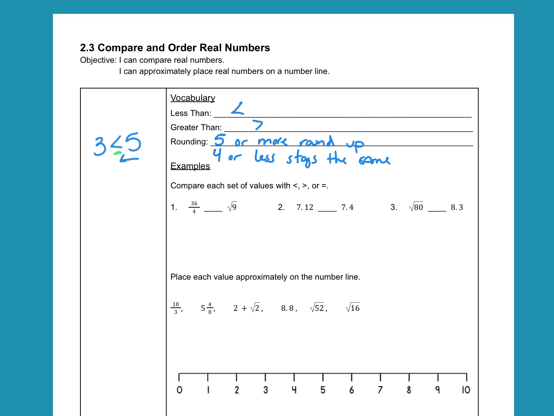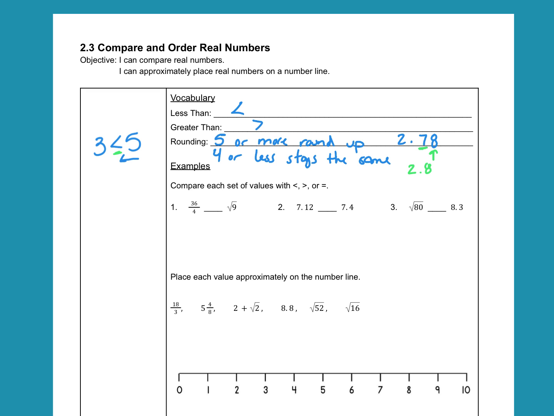So if I were looking at the number 2.78 and I wanted to round to the nearest tenth, so the tenth place would be here, the 7. To do that, you look at the number after it. If it's 5 or more, which it is, we round the number we're trying to round to up. So that would be 2.8.